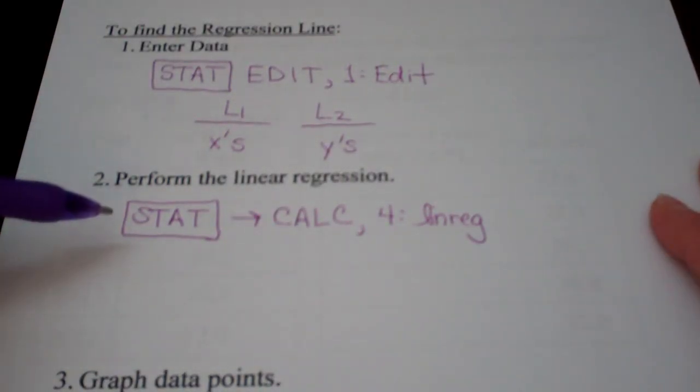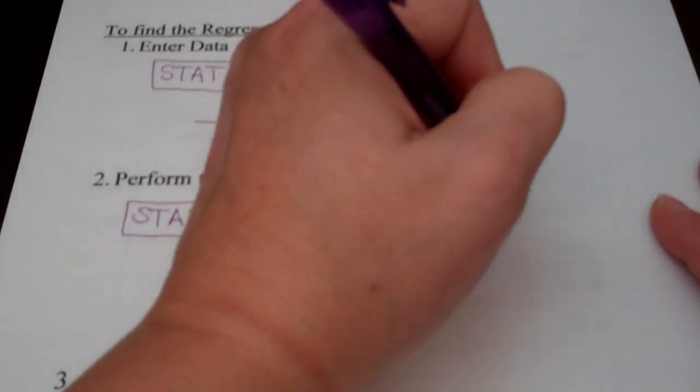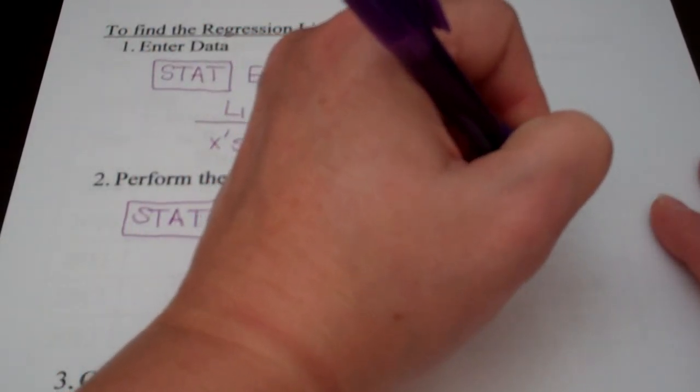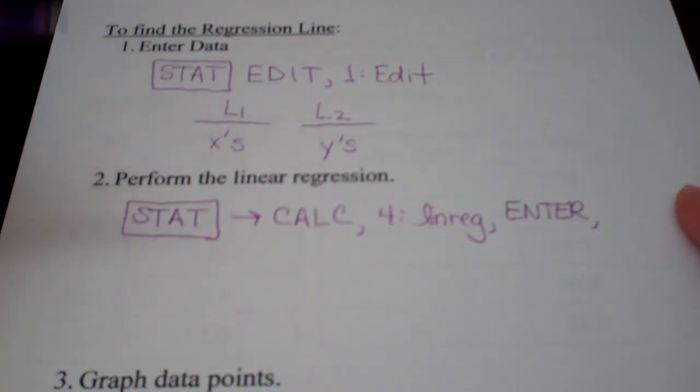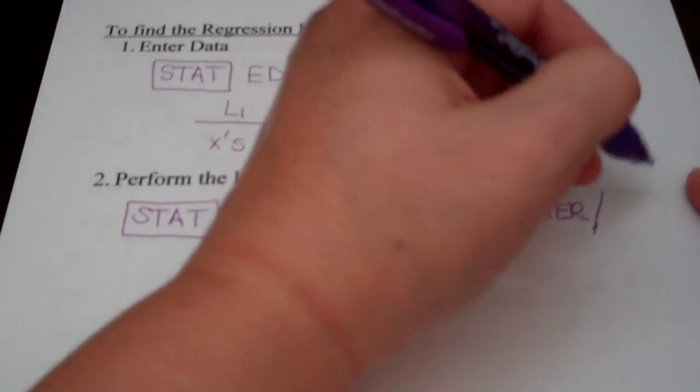Now my calculator is kind of old, so when I choose linear regression, it puts that command on my screen and I hit enter. For some of you with a newer calculator, you might need to scroll all the way down to the bottom of this screen with a list of stuff and hit calculate.